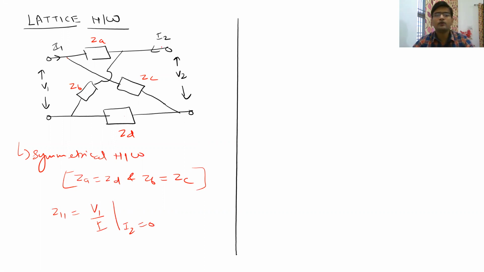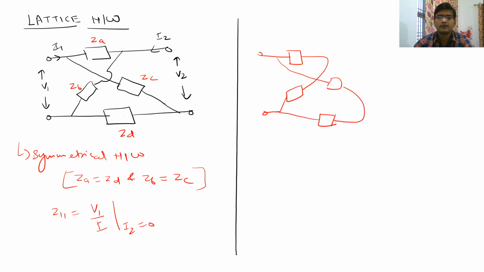So in that case, when you have assumed I2 is equal to 0, that means you have taken this output as open circuit. So this circuit will be looking like this. This goes like this, and the other branch will be going like this here. So you see that this current I1 is going to be divided into two parts here, and the first one is ZA, and you already know that ZA is equal to ZD, so this is also going to be ZA, and then this other one is ZC.